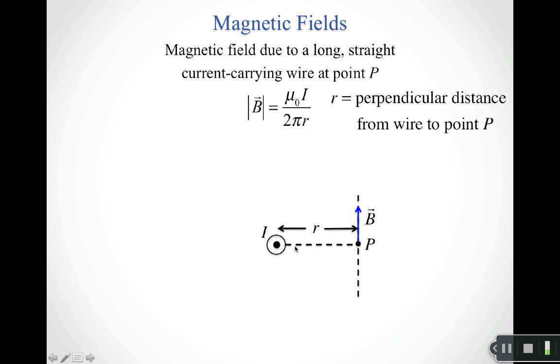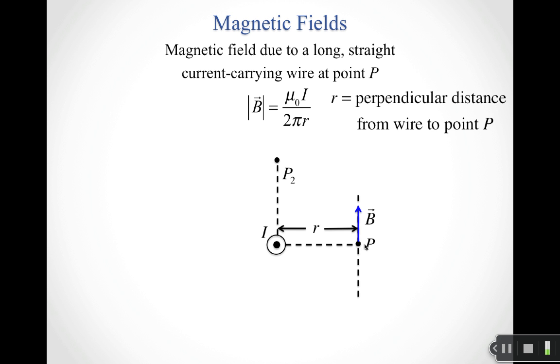One of the things that we will emphasize is that the magnetic field will lie on the line perpendicular to the line that connects point P to the wire. So here's the line connecting point P to the wire, which means this is the line perpendicular to that the magnetic field vector has to lie on. In this particular case, it happens to point up. If you don't understand where that's coming from right now, don't worry about it. It's a right-hand rule, and we'll talk about it in class.